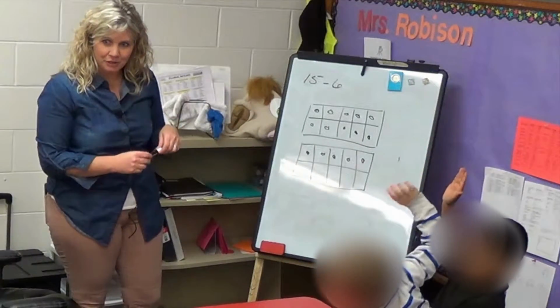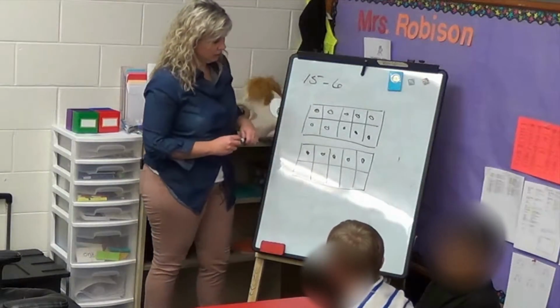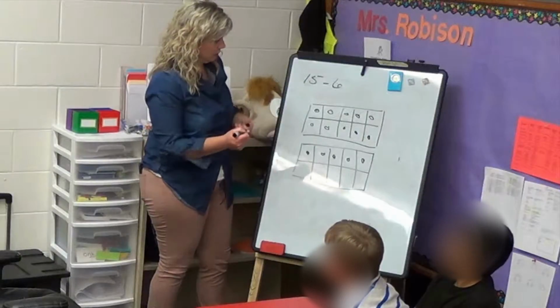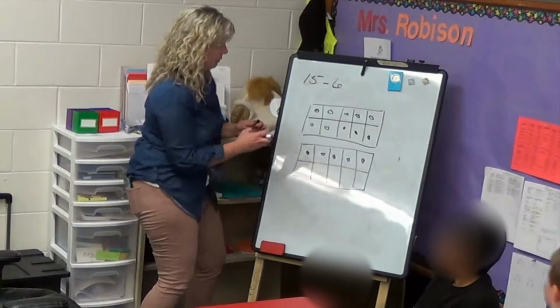Okay, tell me what you would do. You take away the bottom 4 and then take 1 from the bottom 5 and then take away 1 from the top.